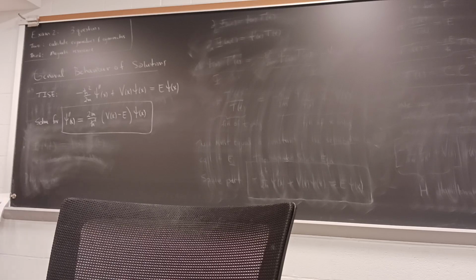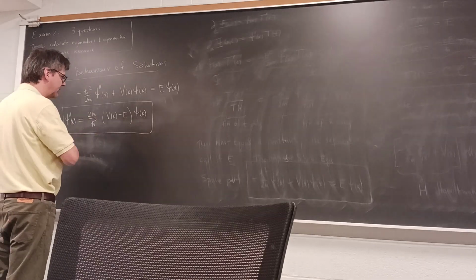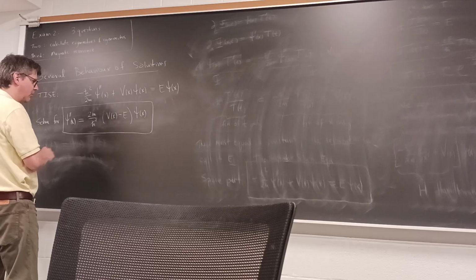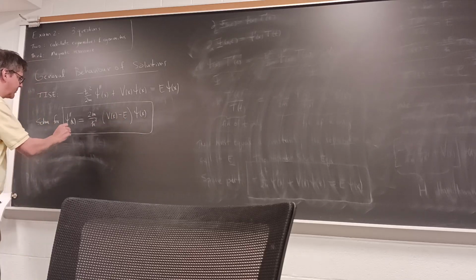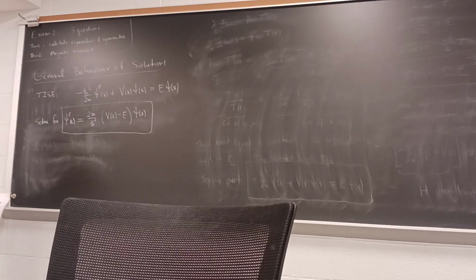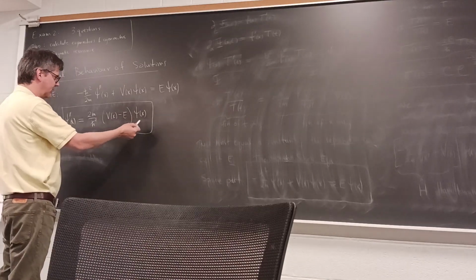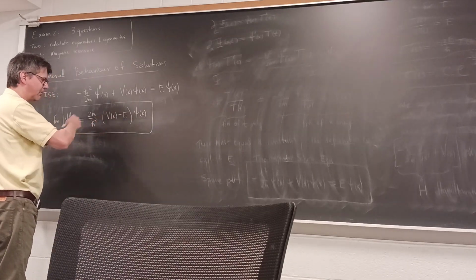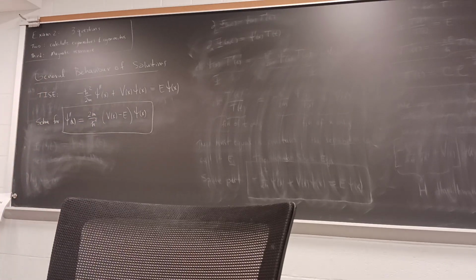And now we want to look at just two cases to see what the general behavior is, because we have a differential equation here that's really simple. It's just the second derivative of a function equals the function again times something in front of it. Okay, so let's consider a potential.